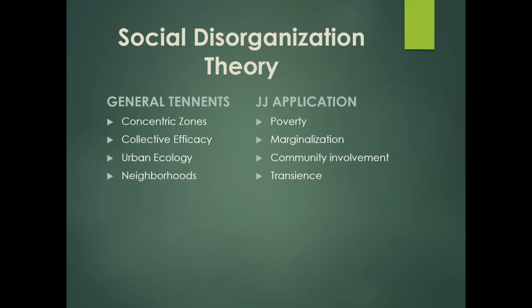So we see here that there are issues like poverty, marginalization, lack of community involvement, and people moving in and out, a transient community. And when we have that, we start to have social disorganization, or some people have likened it to the broken windows theory, right? Or it kind of stems from this. And a lot of police officers will tell you that this is what they subscribe to.